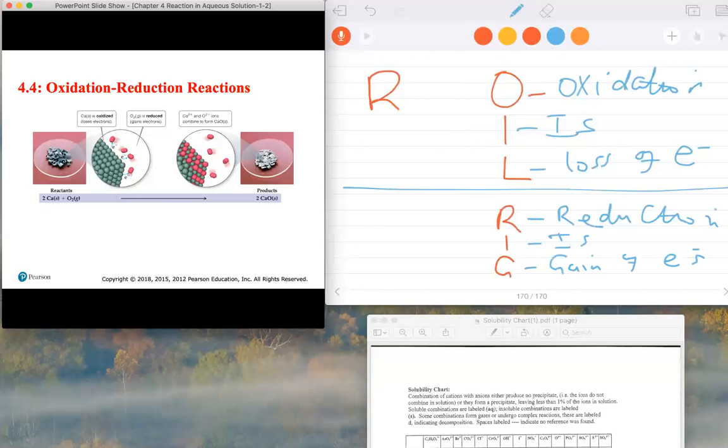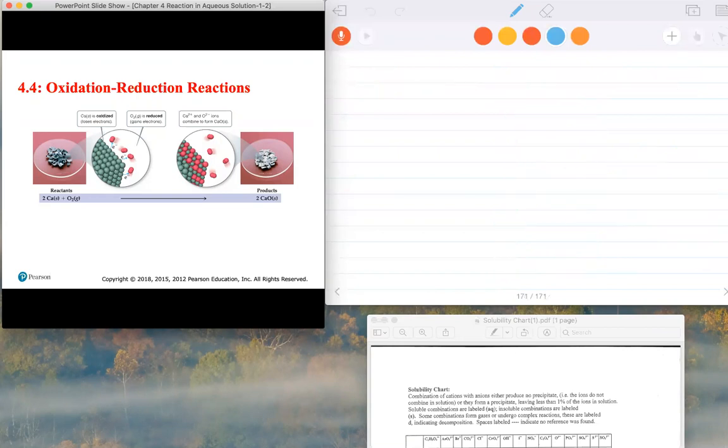Now, previously we classified a reaction as acid-base when H2O is produced, or gas forming when a gas is produced. How do we know that this is a redox reaction? By keeping track of electrons. And remember, electrons are negatively charged.